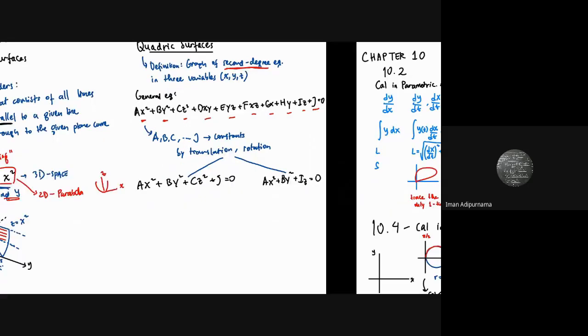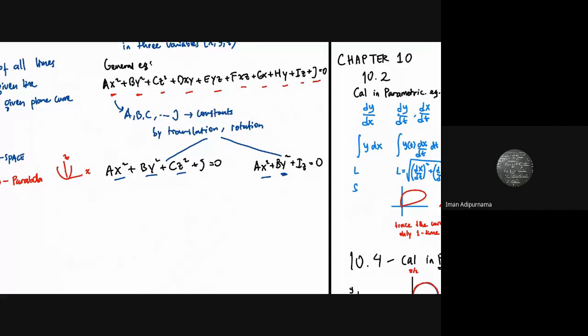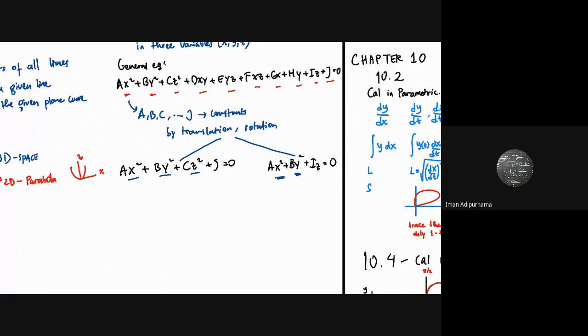if you look at the squares here, we will learn that the quadratic surface is a counterpart of a conic section in 3D.